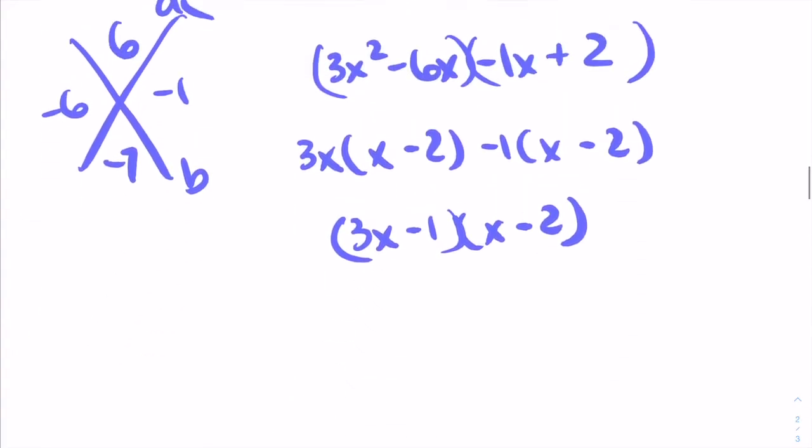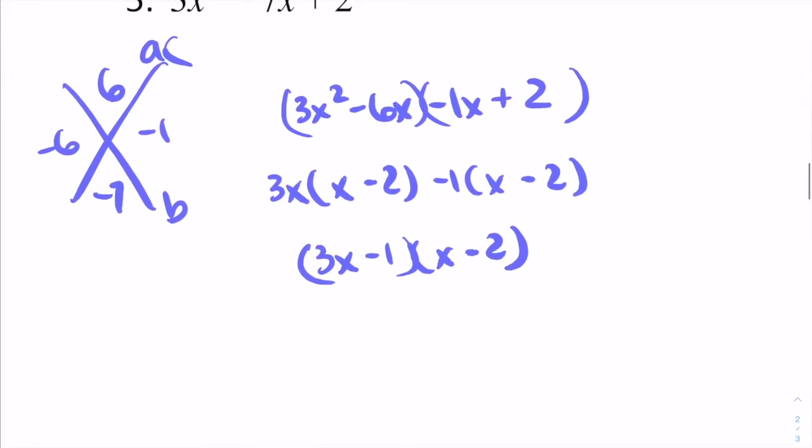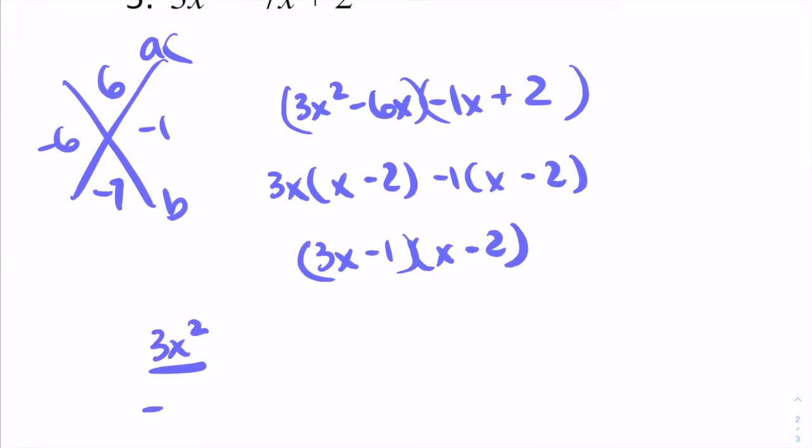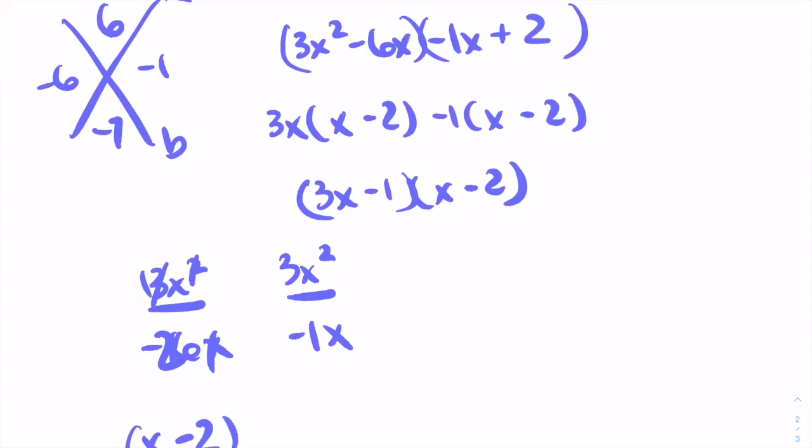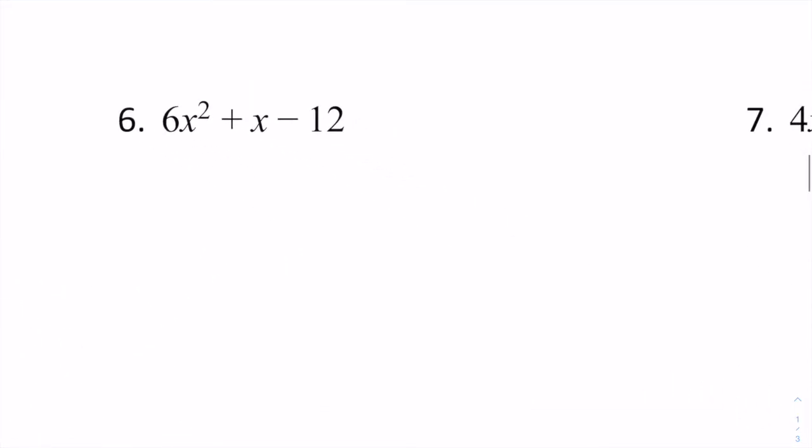If you want to do the shortcut way, you get 3x squared over negative 6x, 3x squared over negative 1x. Simplify 1, 2, these go away, so you have x minus 2. This one, these go away, and you have 3x minus 1. Okay, all right, let's keep going.